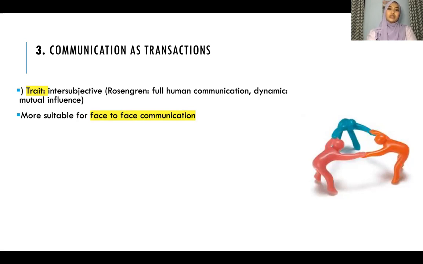So face-to-face communication will help you get a deep conversation or a deep communication process. It is the reason why in this pandemic era, some of the students have come to talk to me and say that they have no friends, Maida.